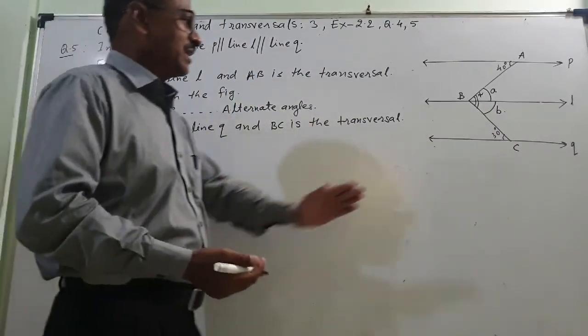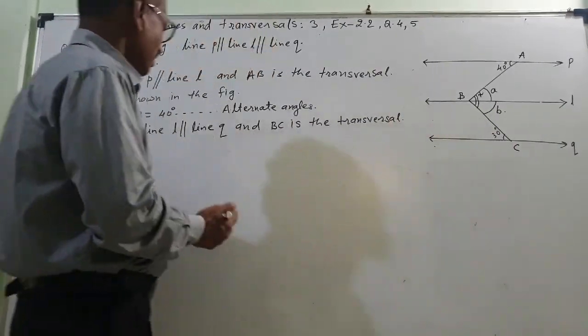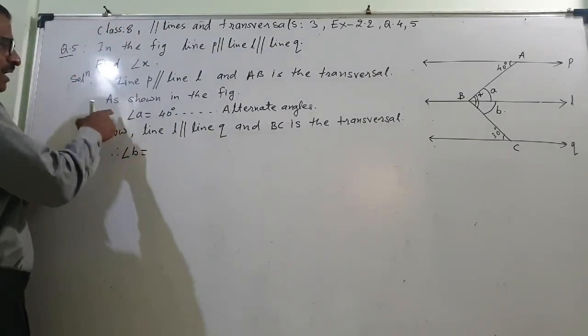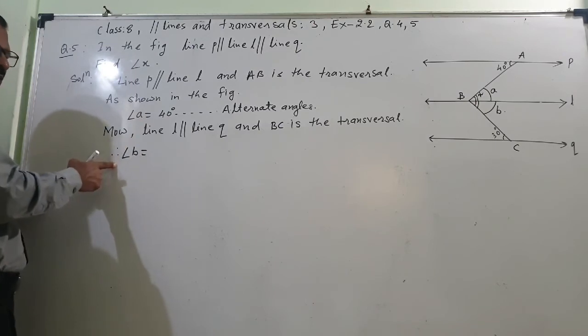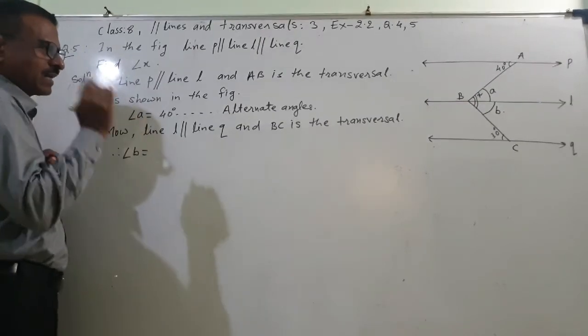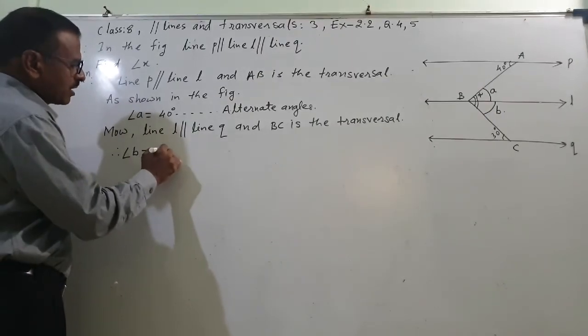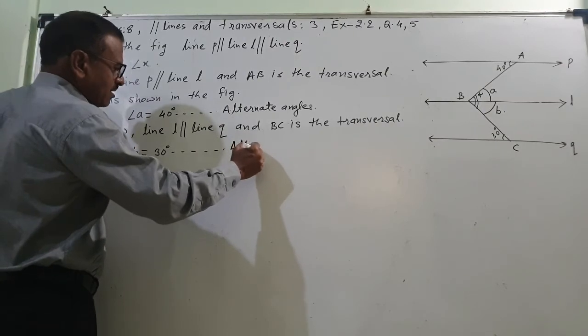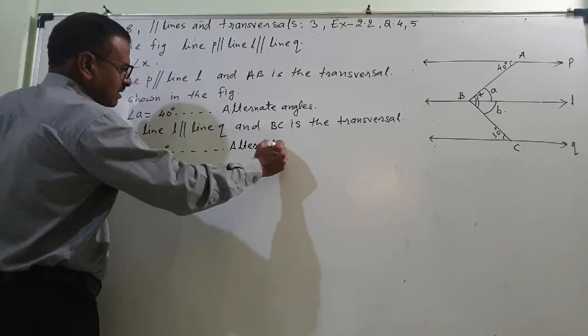Transversal means the line cutting these two lines. Therefore, angle B equal to 30 degree. Reason, alternate angles. You have understood what is meant by alternate angles.